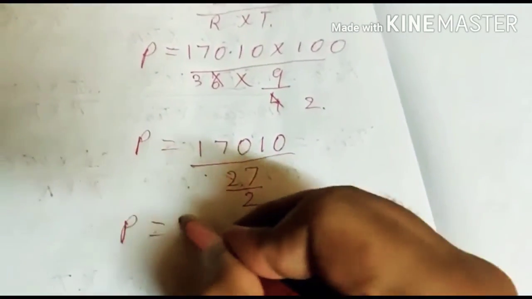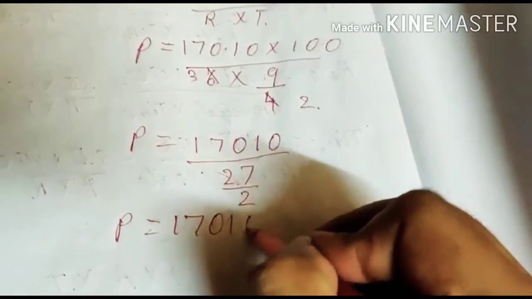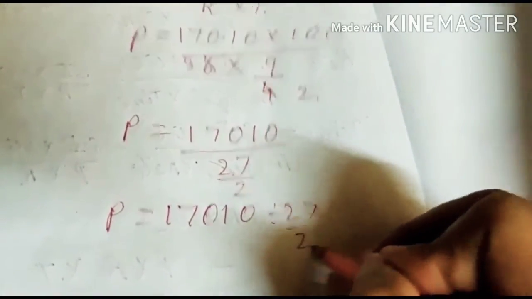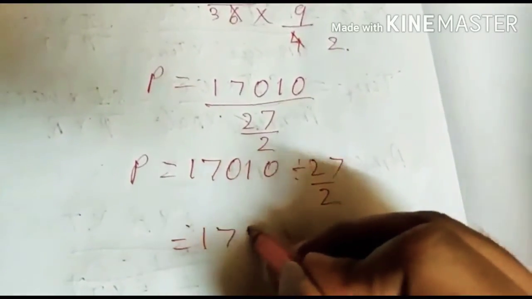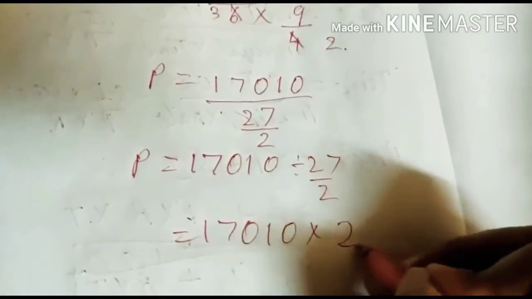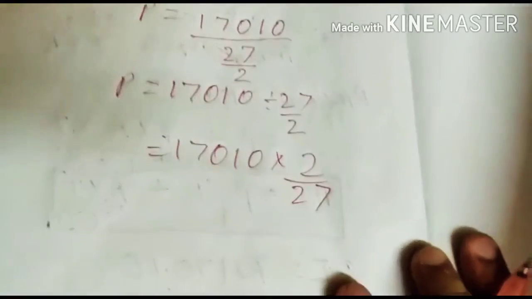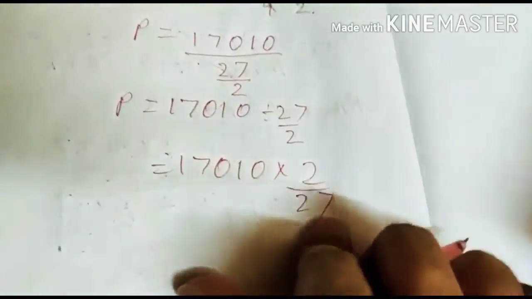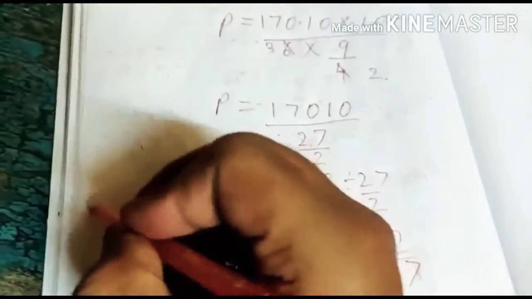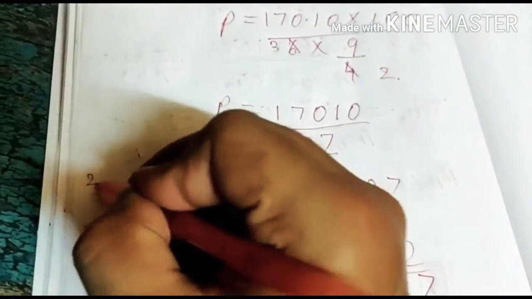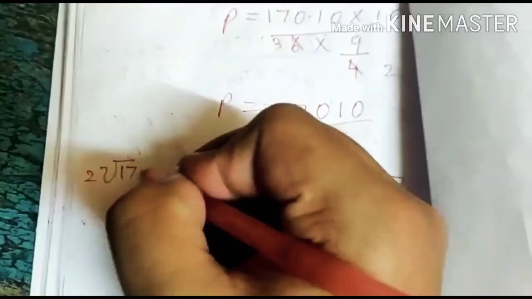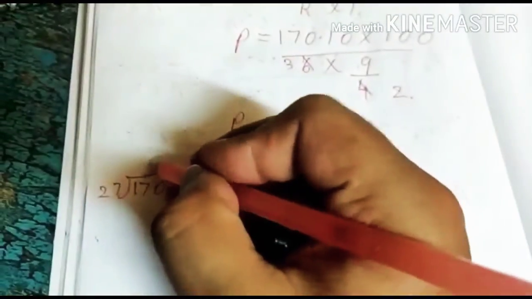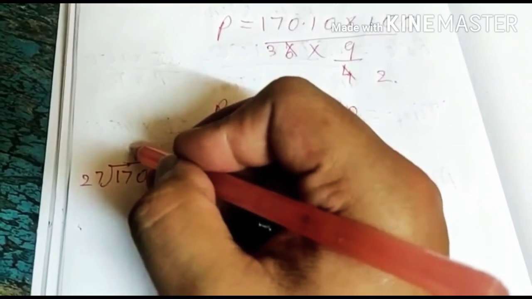So principal equals 17010 divided by 27 by 2. So 17010 multiplied by 2 upon 27. What we will do is divide 17010 by 27.